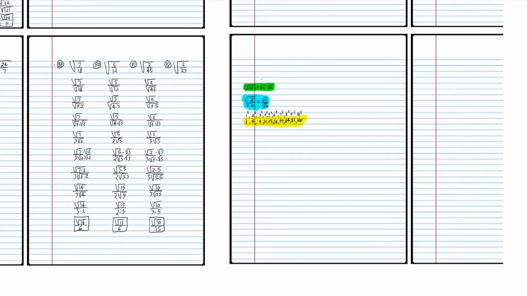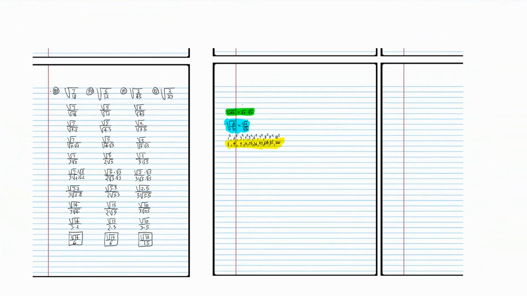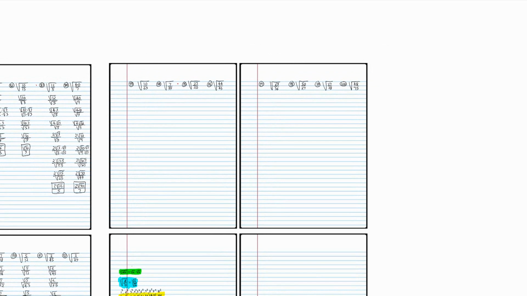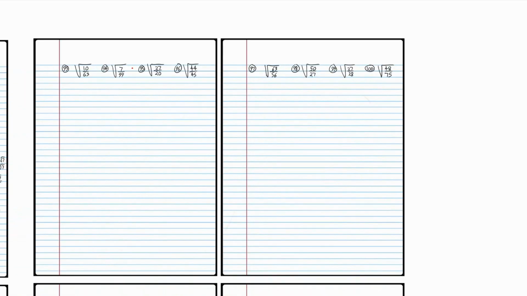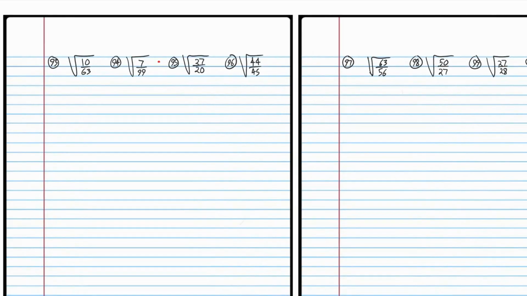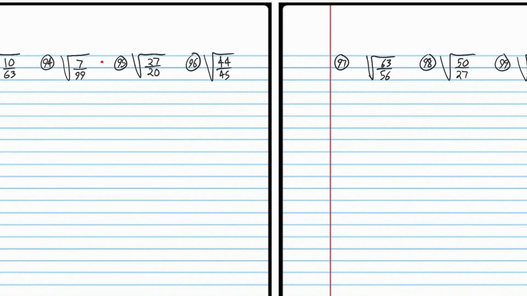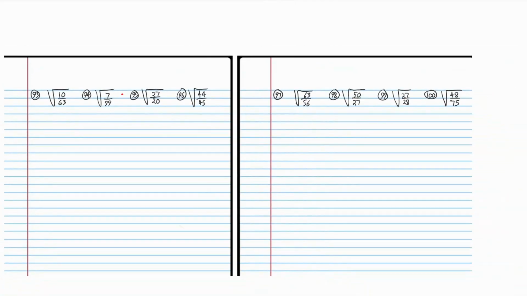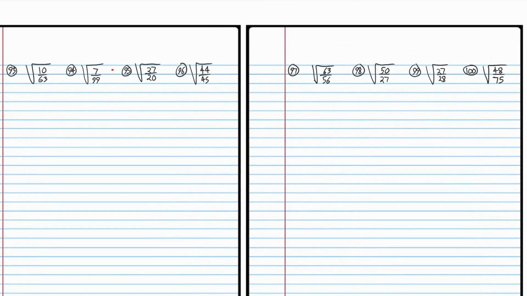So if you got root 10 over 15, good job. All right, so we're going to have to skip 92, 93, 94. Hopefully you got the idea with those problems because we're running out of time here. We might go back to one of those if we have time, but 95 through 100, those are the last problems we have to do.